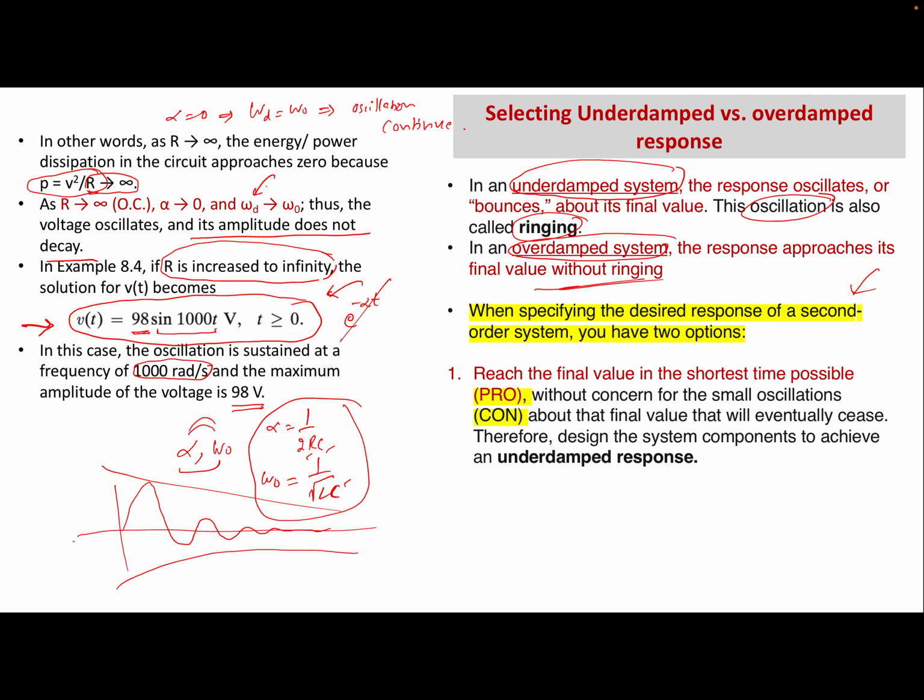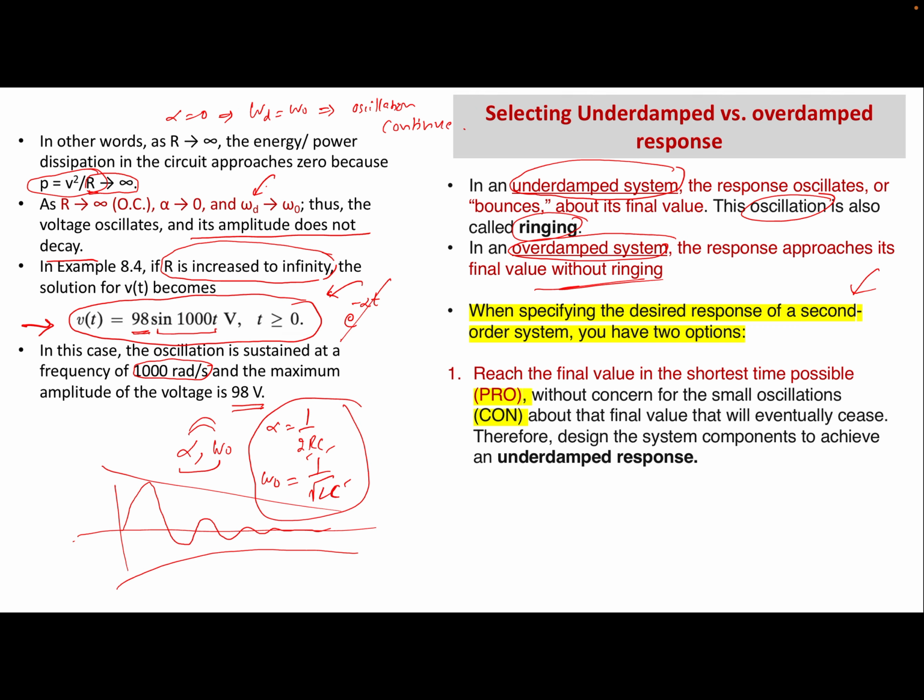The bad thing is that, of course, it is going to oscillate. You're going to have values going up and down around the steady state value. Sometimes that may not be desired. But if you're okay with the oscillation and the amplitude of the oscillation, which is decided by alpha as well, then you can get to the final steady state value faster in an underdamped response.